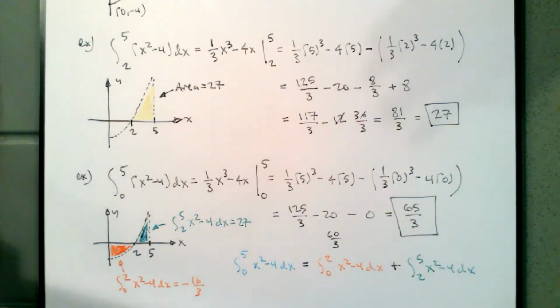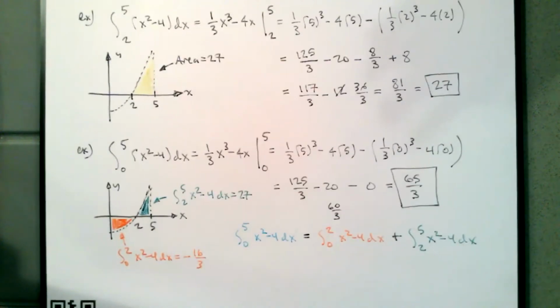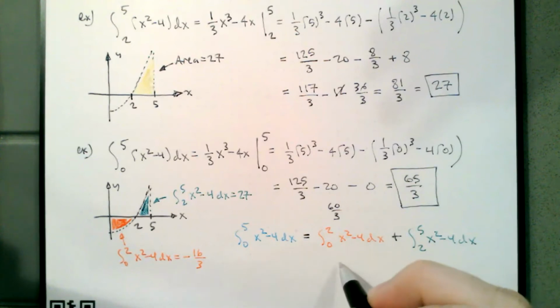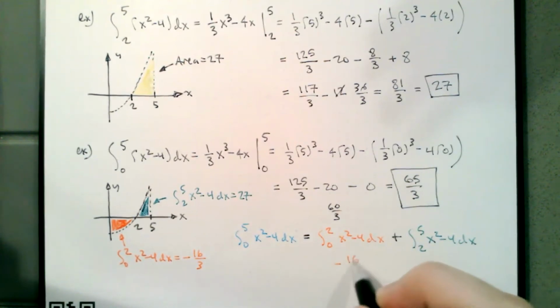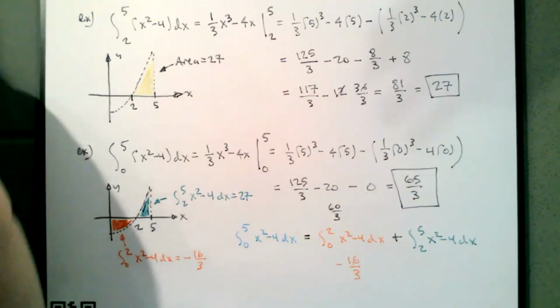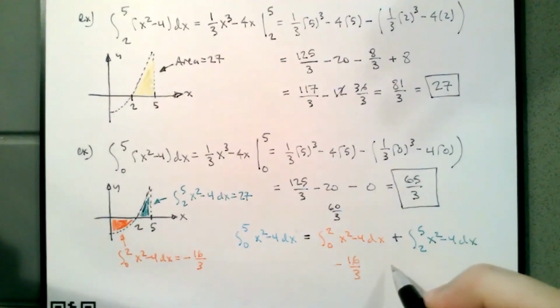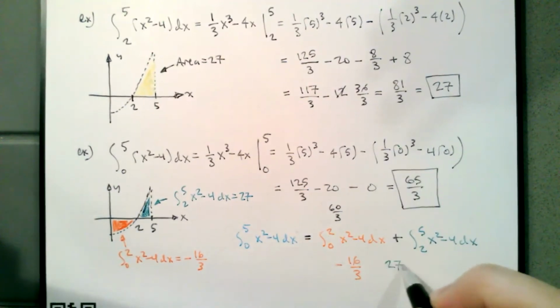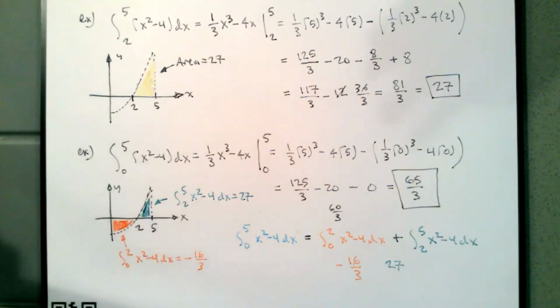The definite integral counts area that's below the x-axis as negative. So this first term is negative 16 over 3, and the second term is 27. But if we add those together, we get the 65 over 3.